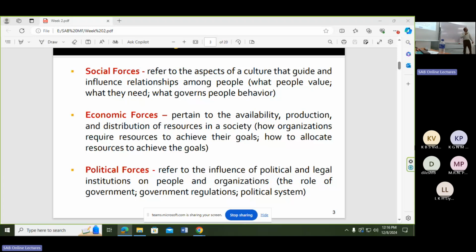Then economic forces can be considered as global economic forces. Politics can be considered global power politics, a political agenda. Then global technologies, global workforces.